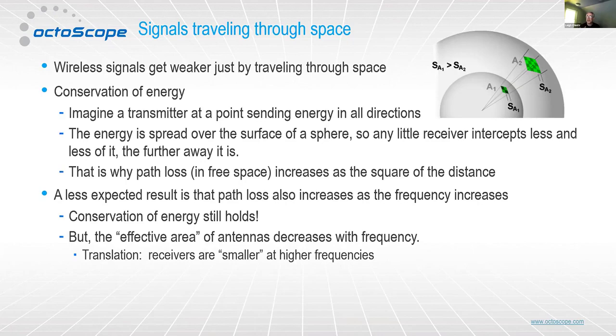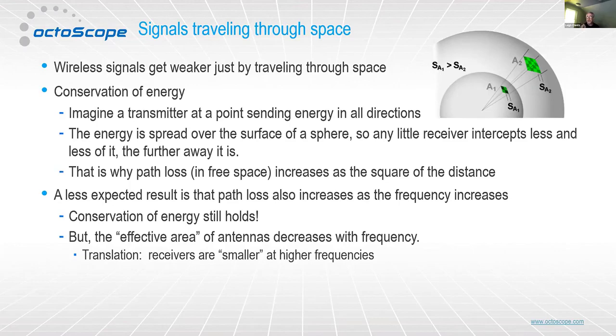That one I think is actually less obvious, and it's part of the reason I wanted to do this slide, just to make sure that everyone understands why that is as well. Because if you think about it, why does it matter? The energy still goes out in a big sphere, and it doesn't matter what the frequency is. So conservation of energy is still the same. If you put a big sphere around it, you're going to suck up all that energy, and your little patch is still going to see the same amount. So why does it matter about frequency?